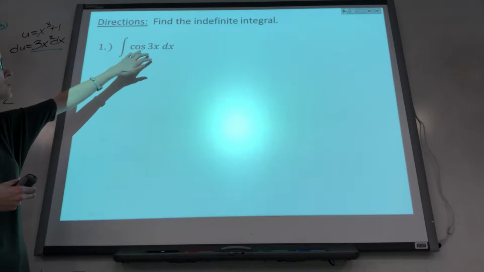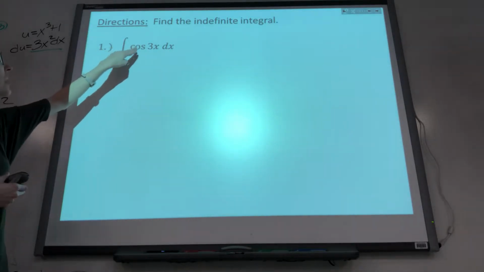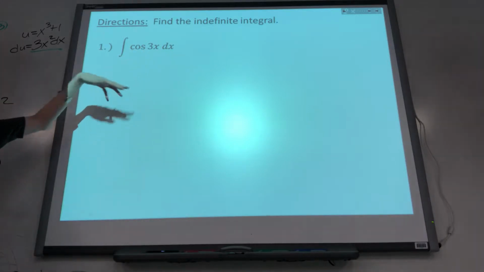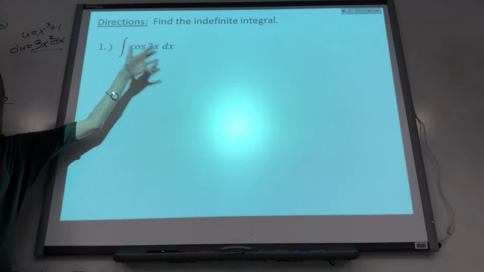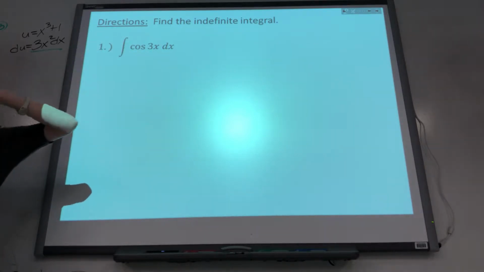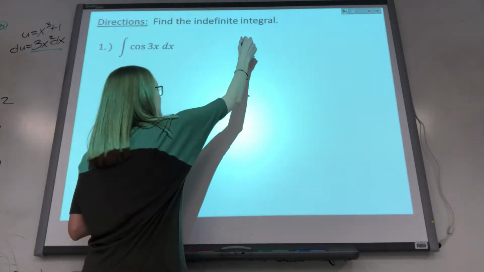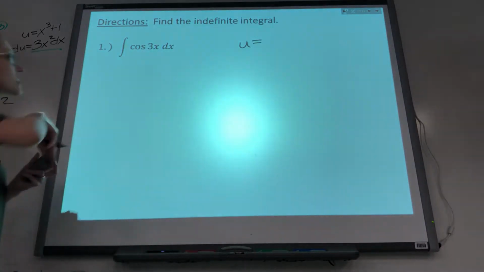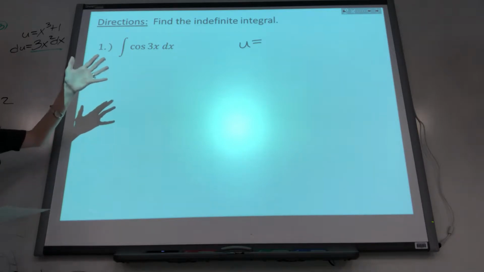U substitution works when you have to integrate a trig function of something other than x. If it was just cosine of x, then my answer would be sine of x and I'd be done. Well, this is 3x. So I'm going to come out here to the side and let me explain to you what you usually make u equal.